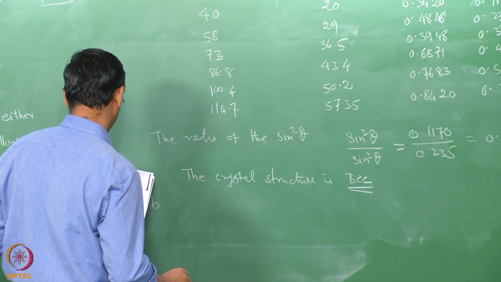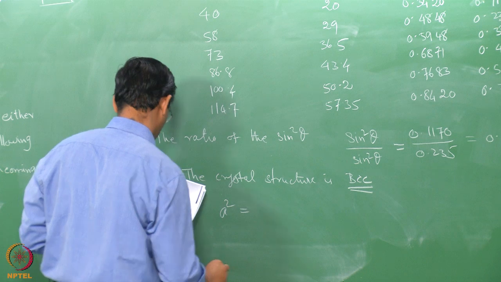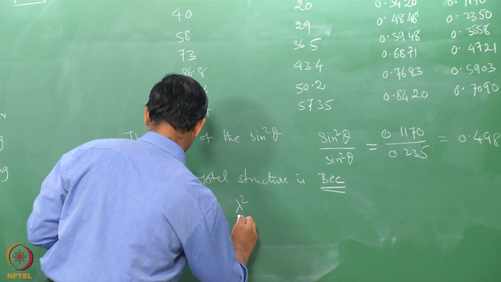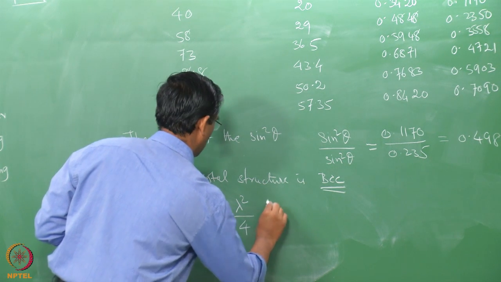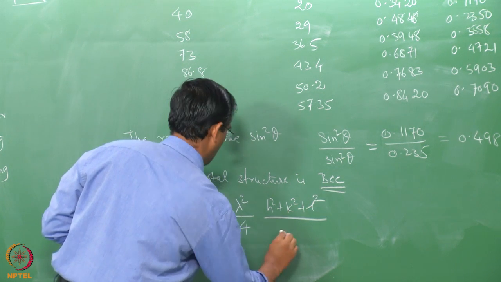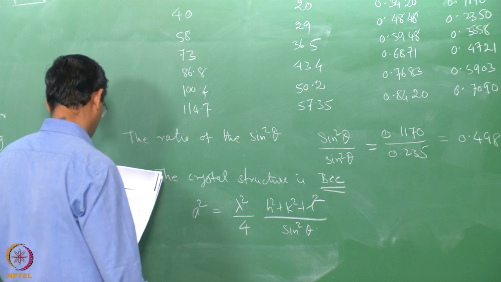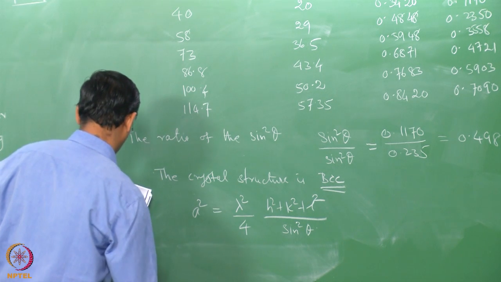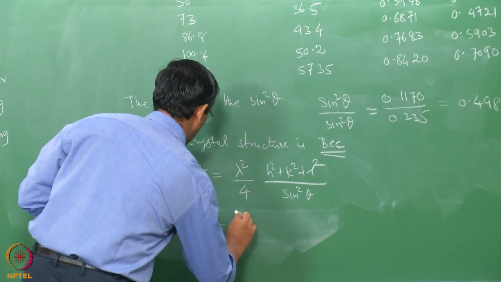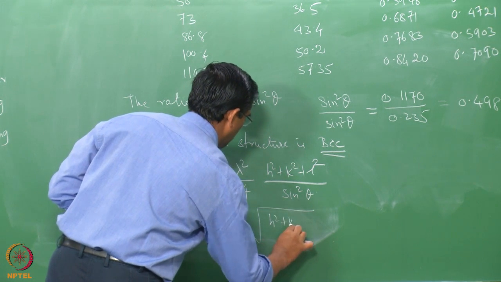So, we know the relation: A is equal to lambda by 2 times square root of H square plus K square plus L square over sin theta.